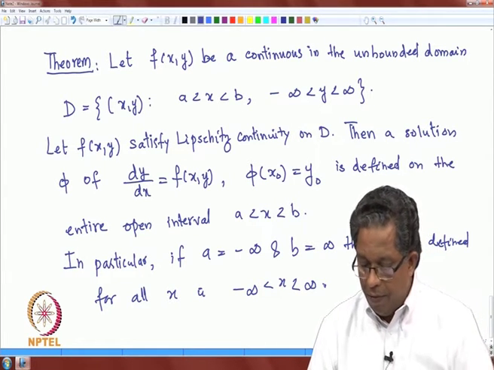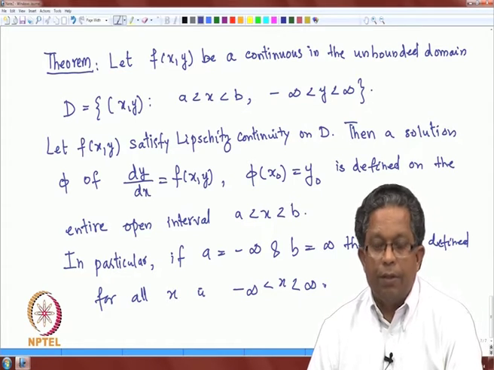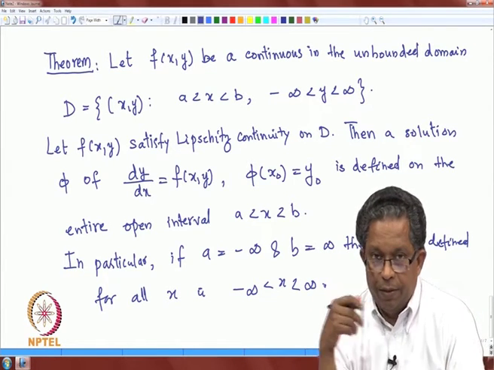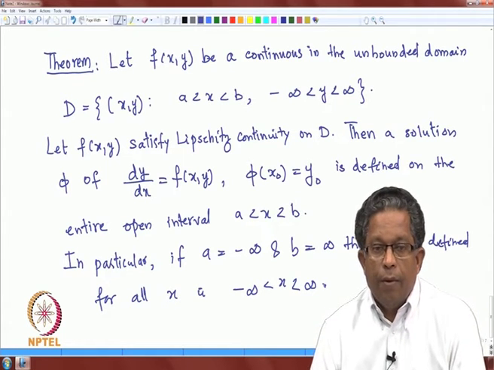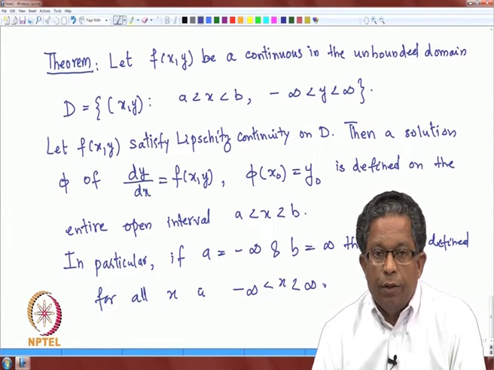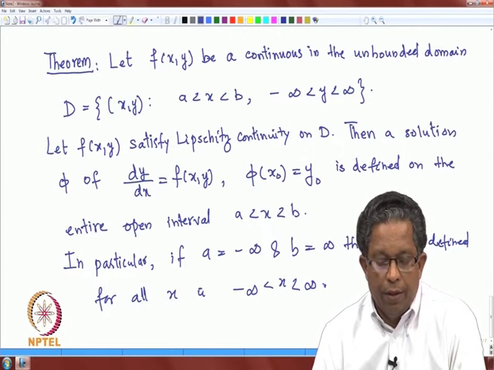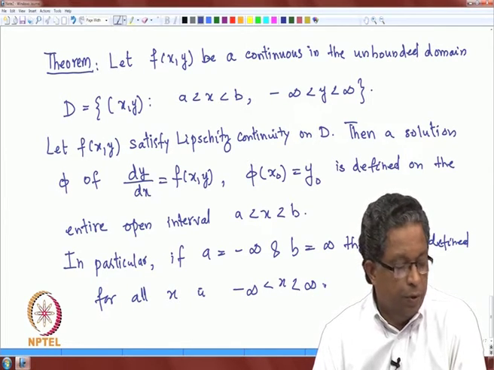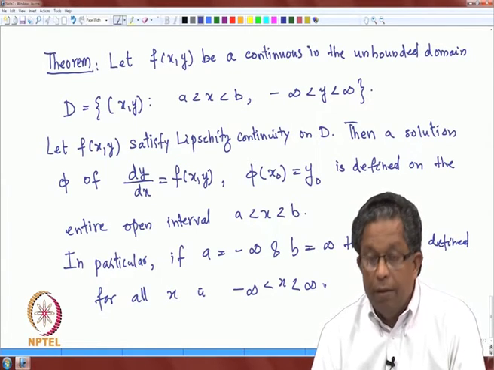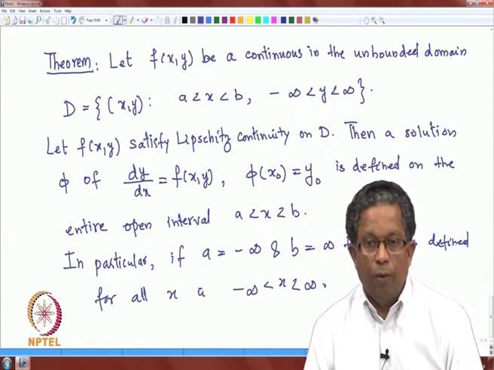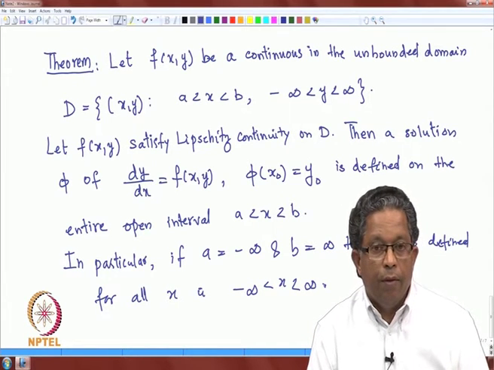So, what we have discussed in this lecture so far is that the existence and uniqueness result guarantees a small interval on which a solution exists and the solution is unique, and we have seen that the solution can be extended towards the right and also towards the left, provided the function f is good, smooth.